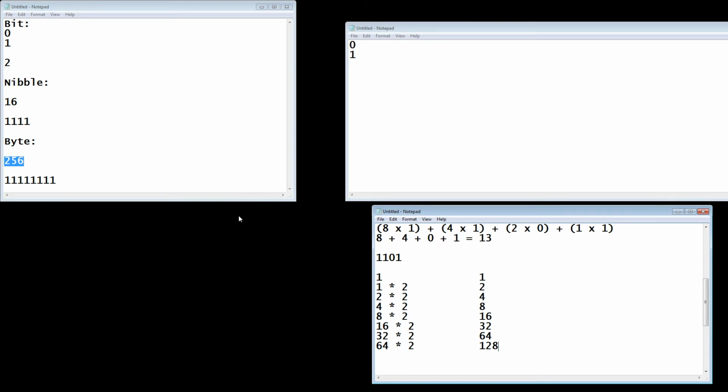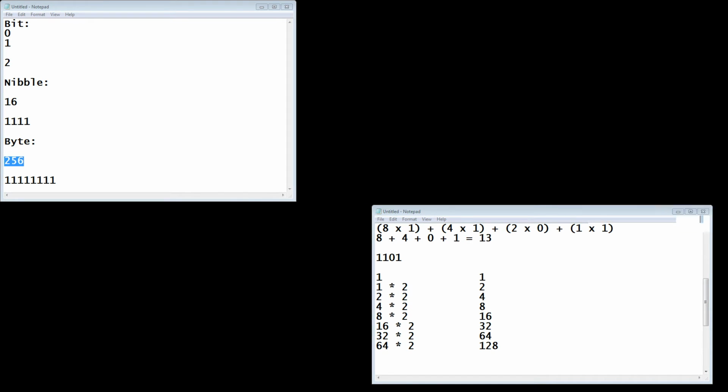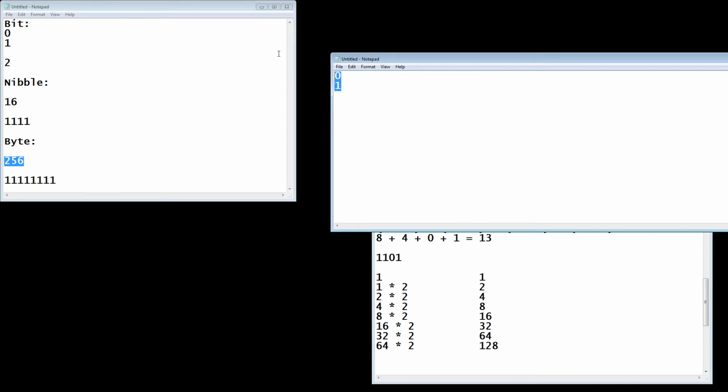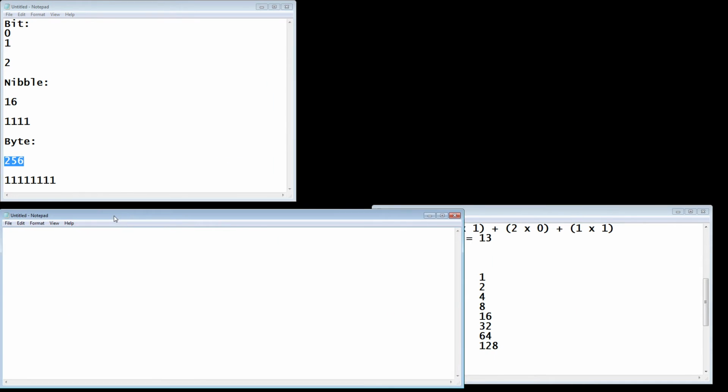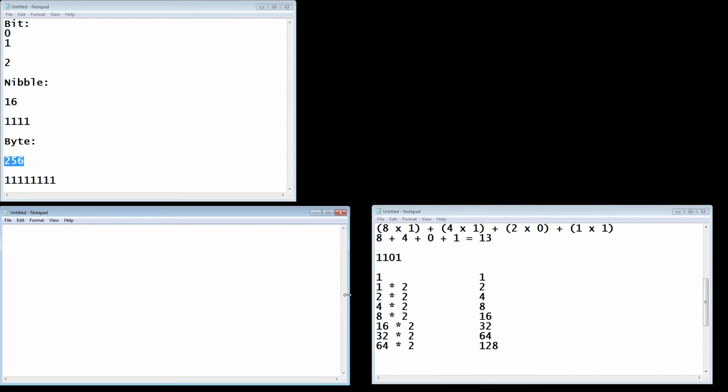Now that we understand just a little bit more about it and how it all goes together, we're going to do a little bit more.